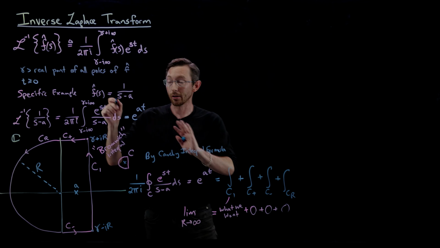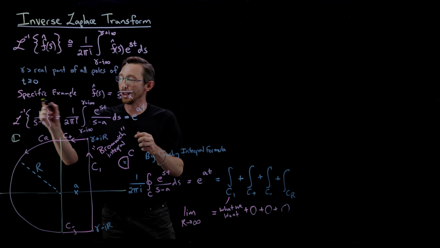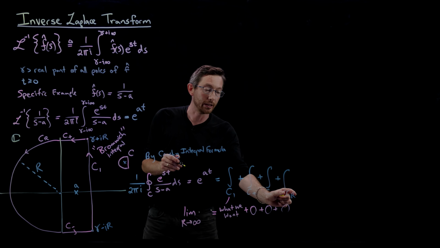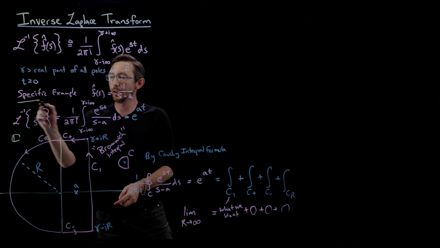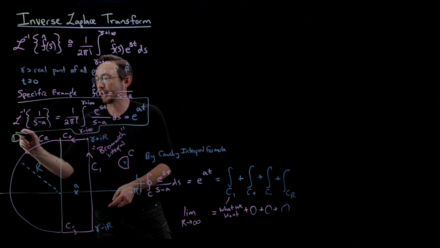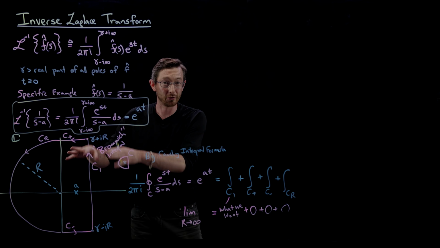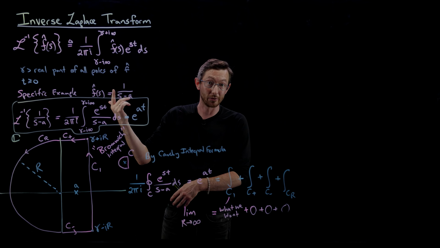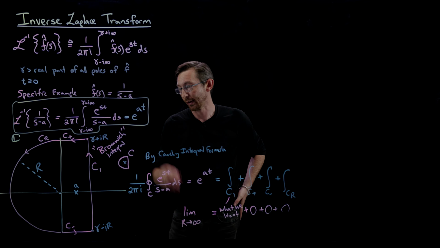That is the headline of this story: if I can show that these 3 integrals equal 0 in the limit as r goes to infinity, we have then proven that this is the inverse Laplace transform of 1 over s minus a, which I kind of showed you from differential equations. This is in fact the inverse Laplace transform, but we are going to use complex integrals to show that.